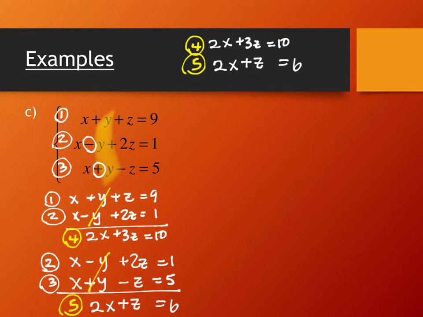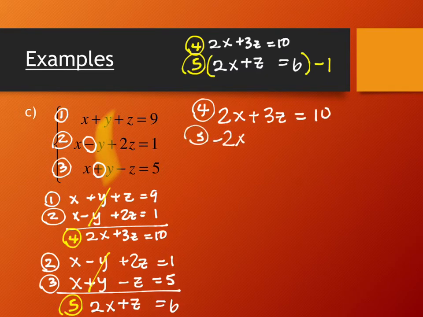So what am I going to have to do in order to get them to not have the same sign? Yeah, I need to multiply one of them, and it doesn't matter which one, but one of them by -1. I'll do equation 5. So equation 4 stays the same, 2x plus 3z equals 10. And in equation 5, I'm going to make them all negative. So negative 2x, negative z equals -6.